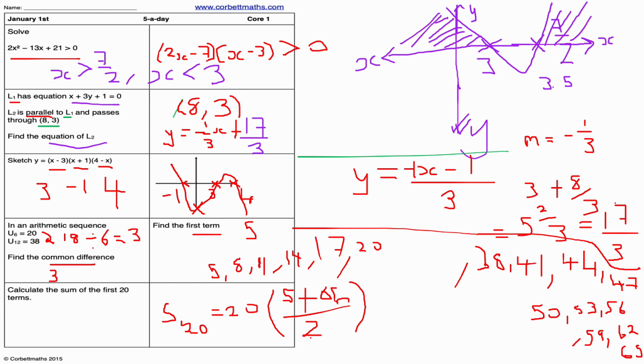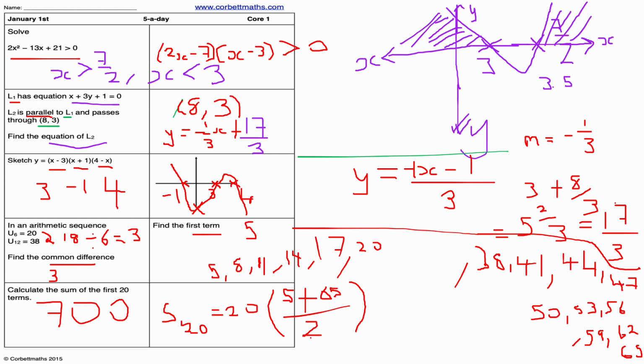So 5 plus 65 is equal to 70. A half of 70 is 35. 35 times 20 is 700. So the sum of these first 20 terms is 700.